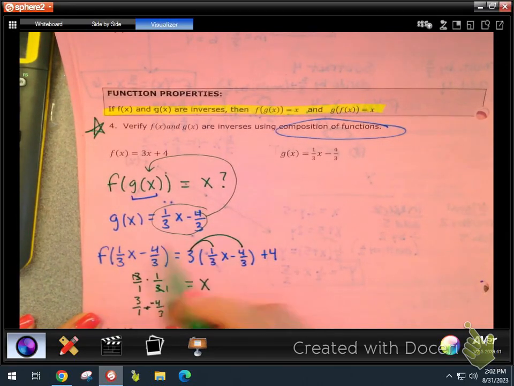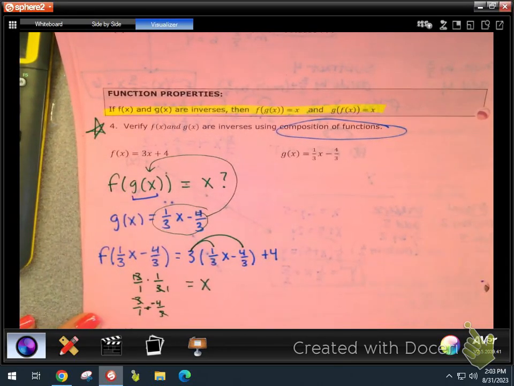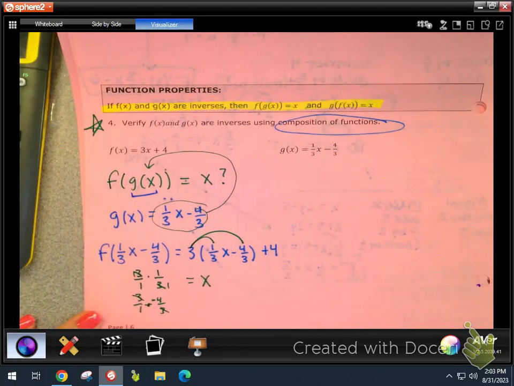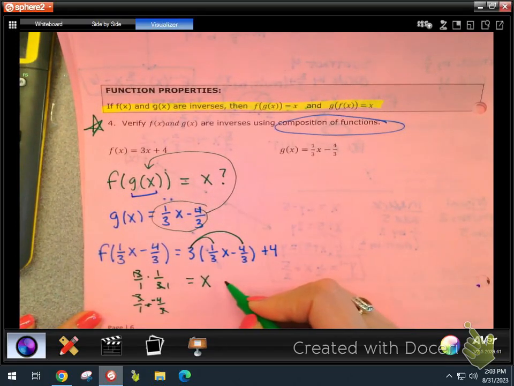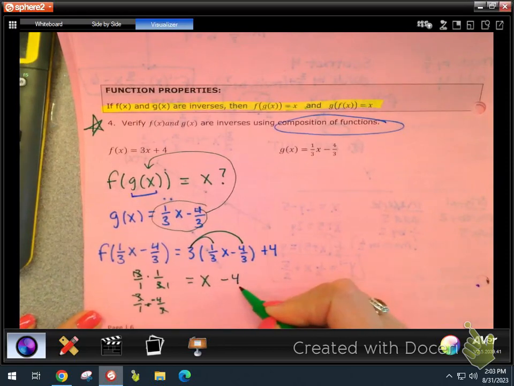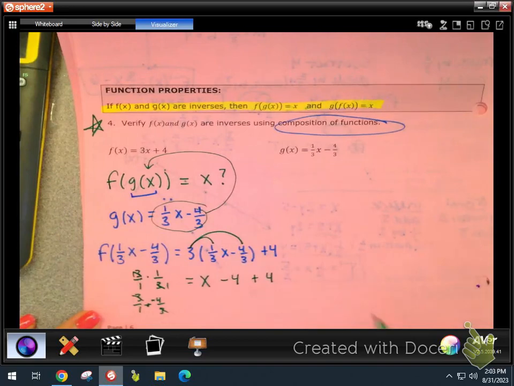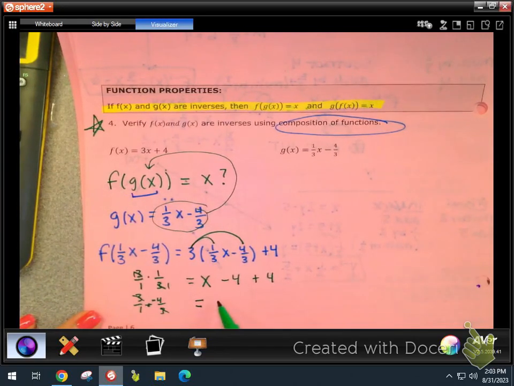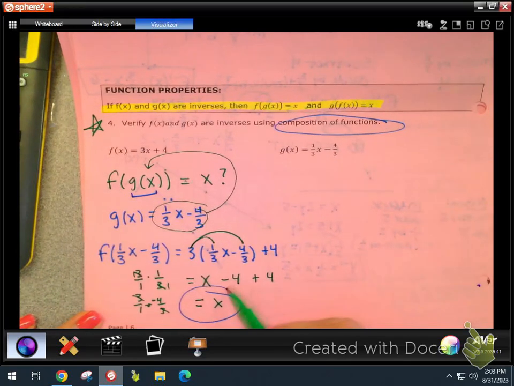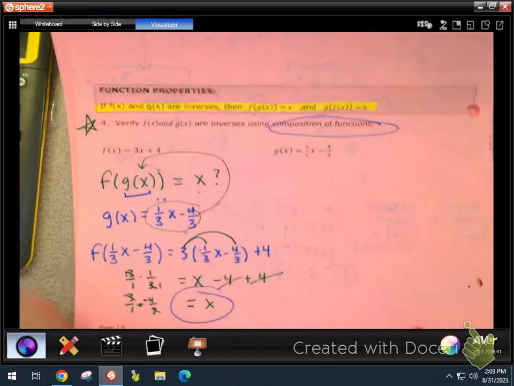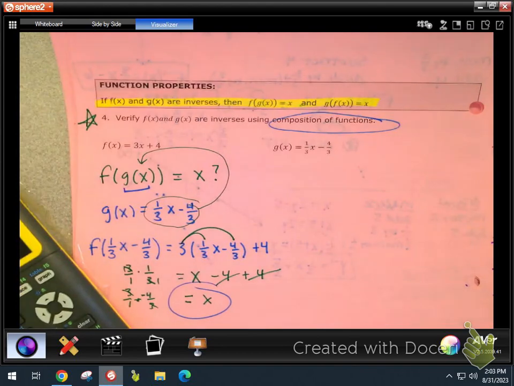What happens with the 3's across? They simplify to 1, and you're left with negative 4. Drop down the plus 4. What's x minus 4 plus 4 simplify to be? Okay? So we're halfway there from showing that these are inverses.